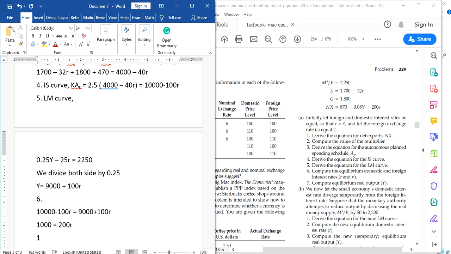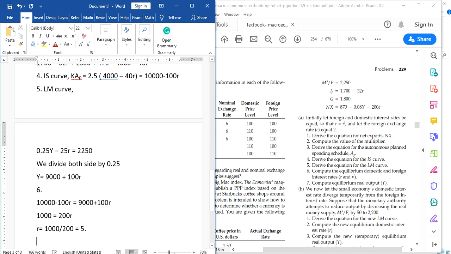So R equals 1,000 divided by 200, which equals 5. So the interest rate is 5%.